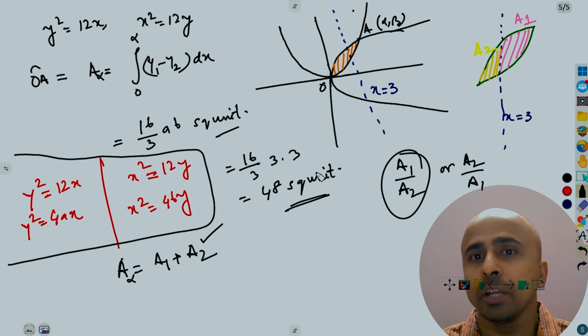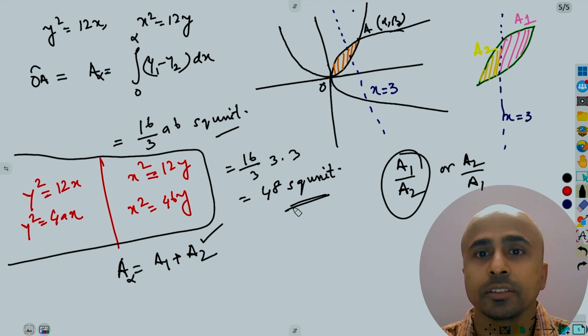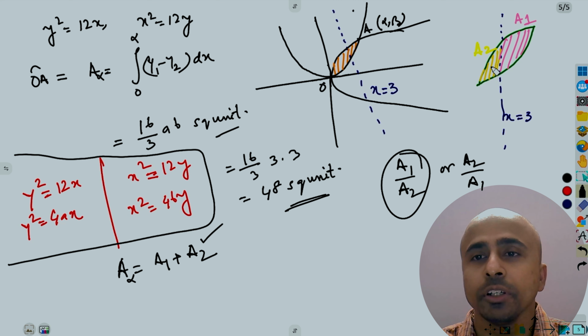But can you tell me one thing, which part, evaluating which part of the area is beneficial in this case? Actually, evaluating the area of A2 is easier. Do you know why?